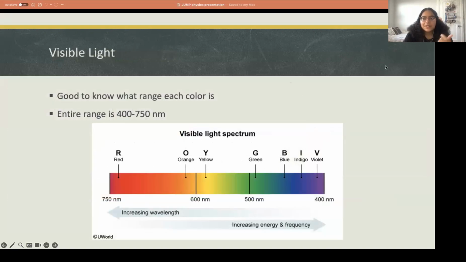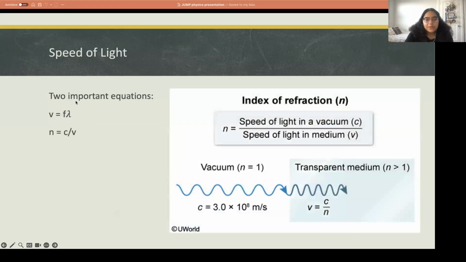I guess I already went into this, but visible light is that section in the middle. It's good to know the benchmarks of where every color is, or you can just know that it's 400 to 750 and where ROY G BIV stands on that. Again, red is the longer wavelength, 750, and purple is the shorter wavelength. Wavelength and frequency are inversely related, which is part of this equation: velocity is frequency times wavelength, lambda being wavelength and f for frequency.